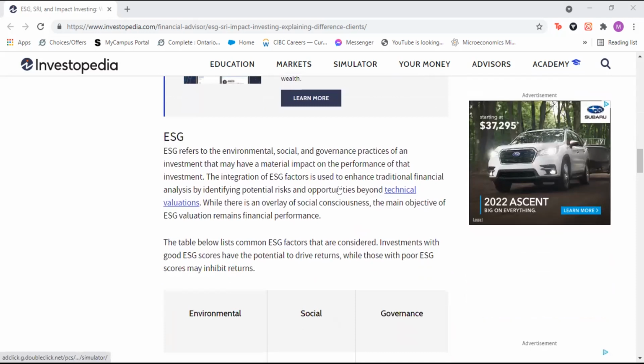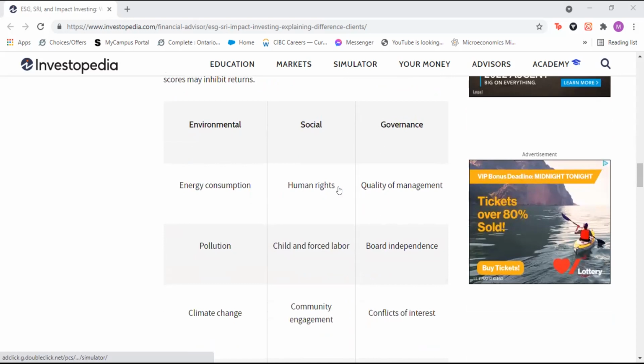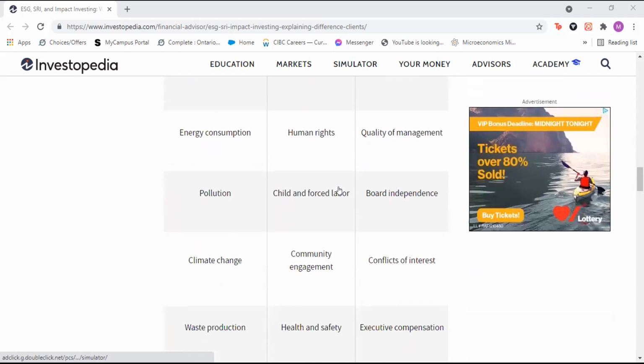And ESG focuses on improving the society, governance, or environment.